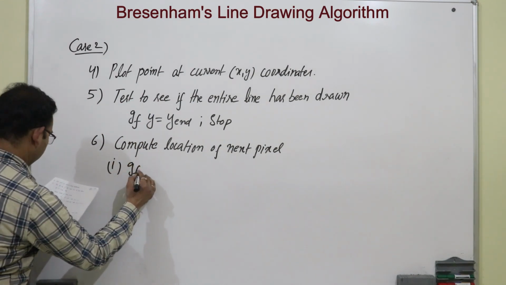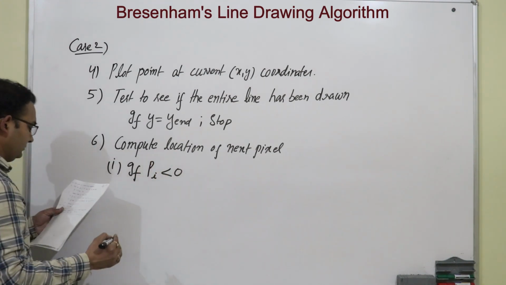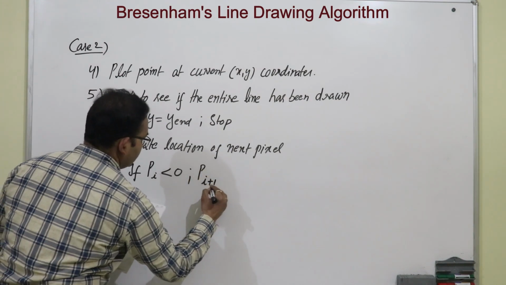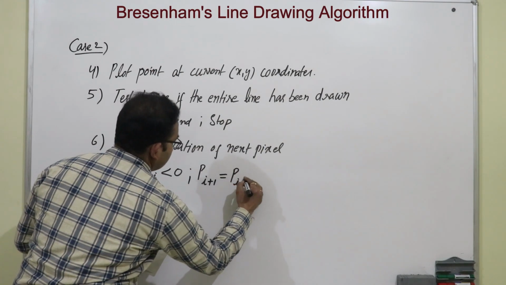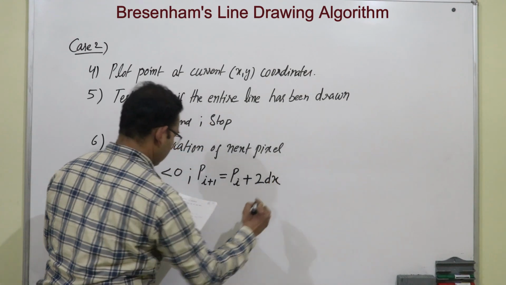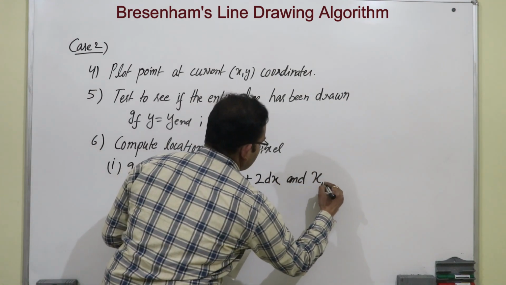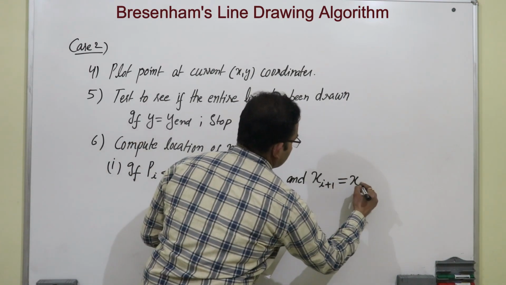If pi less than 0, then pi plus 1 equal to pi plus 2 dx and xi plus 1 equal to xi.